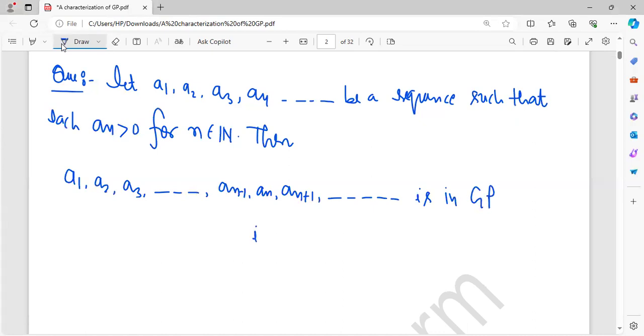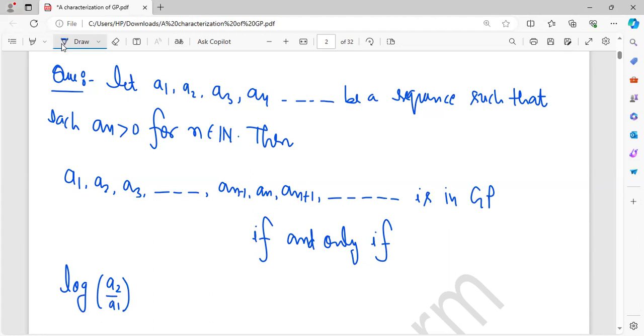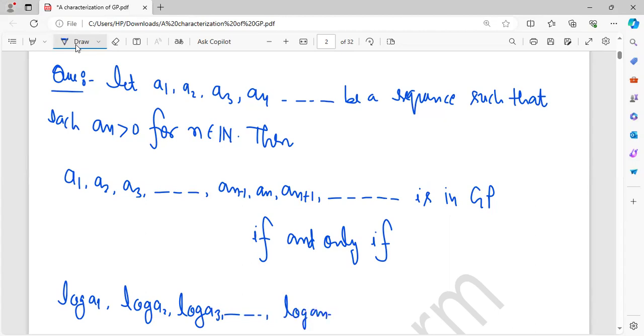if and only if log a1, log a2, log a3, log an minus 1, log an, log an plus 1, and so on is in AP.